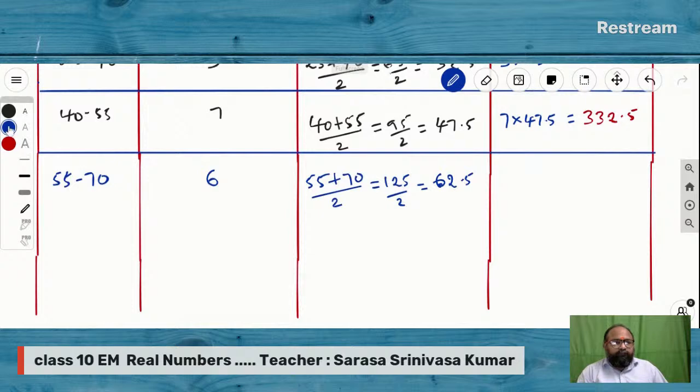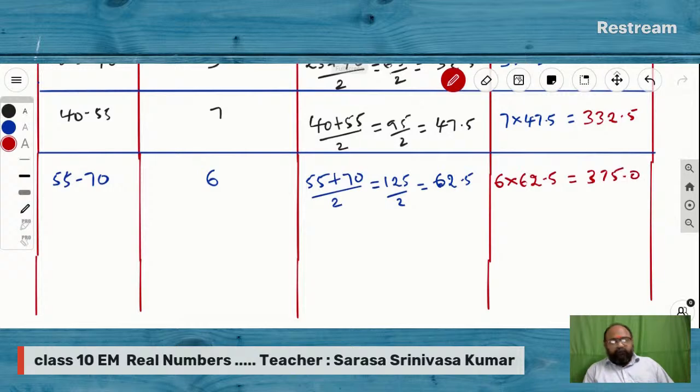So we can write 6 multiplied by 62.5 equal to 375.0.